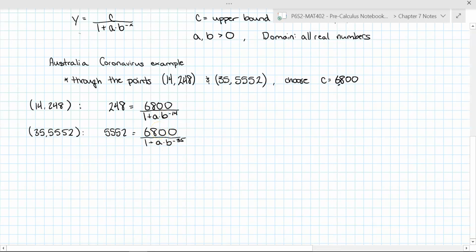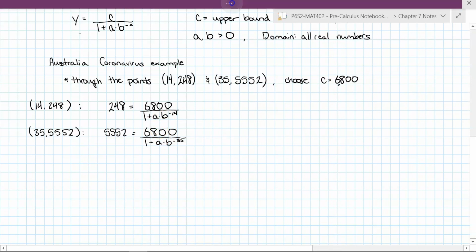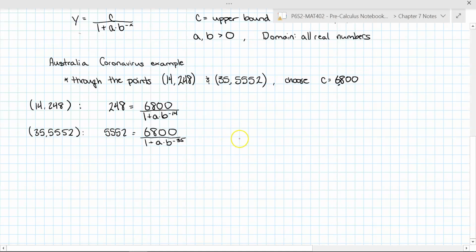So we need to do a few things first. What we're going to do is multiply both equations by their denominators, the denominators on the right side.